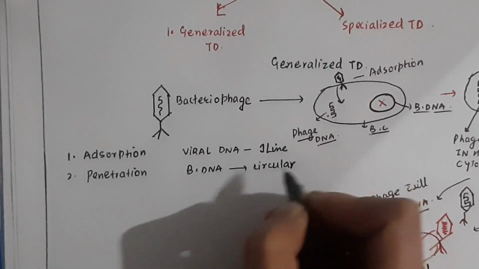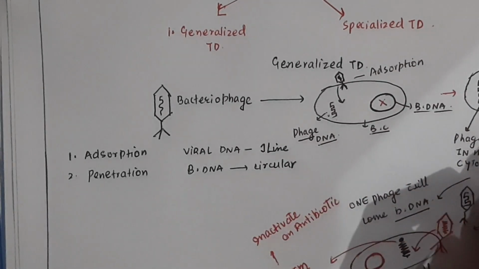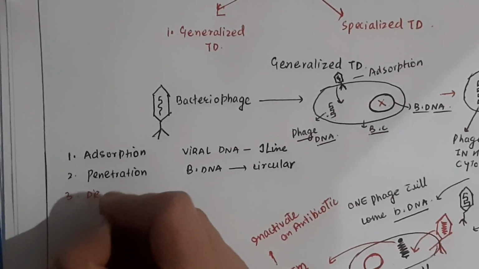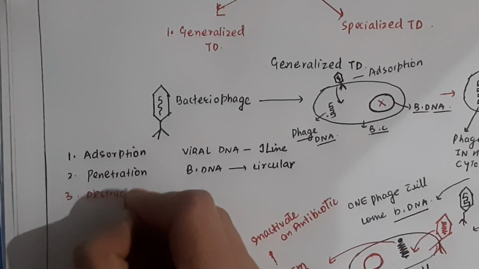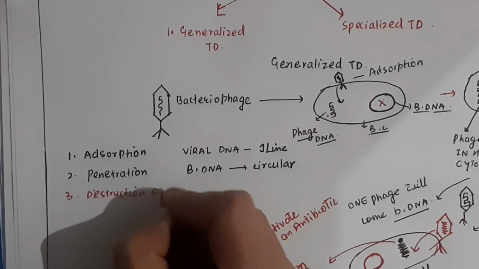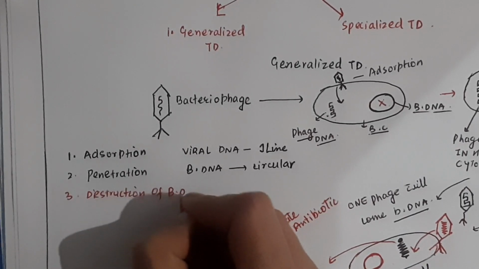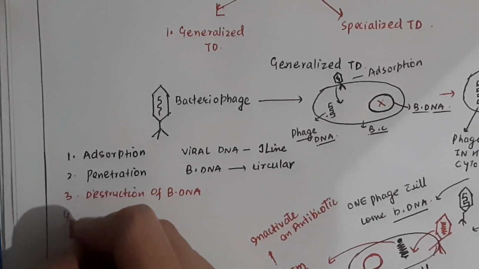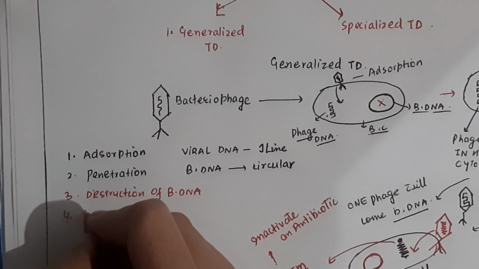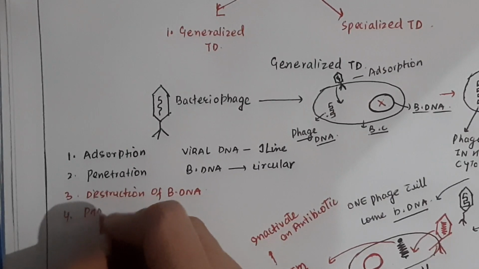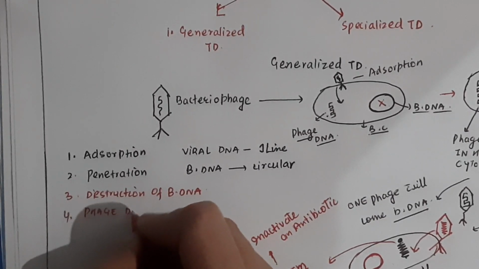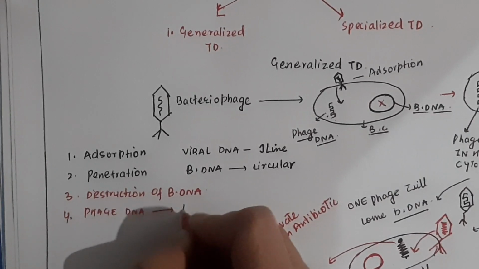You all know now. Number 3 is destruction of what? Bacterial DNA. Number 4, phage DNA undergoes replication.